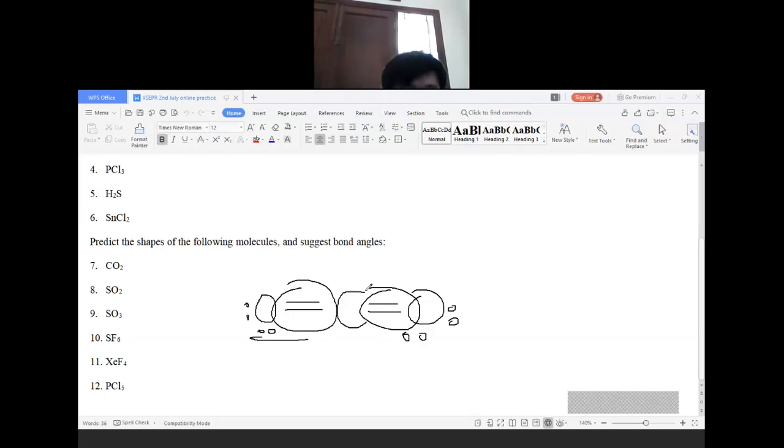We cannot say like that directly. We have to draw the dot and cross diagram, and then we can determine whether it is linear or bent or whatever the shape is, and also the angle.